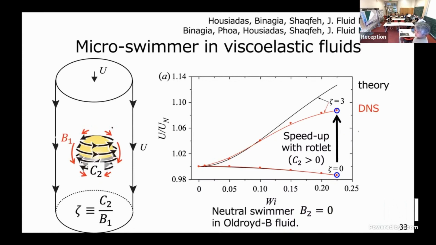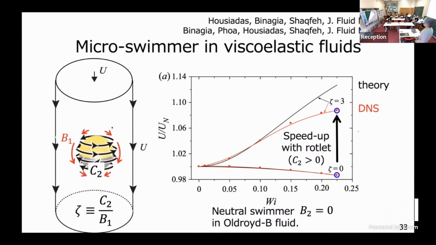When the Weissenberg number is considerably large, they observed that theta equals 0, no twisting, and the velocity is almost similar to the Newtonian case. But as the twisting becomes large, they observe a considerable speed up of the particle.